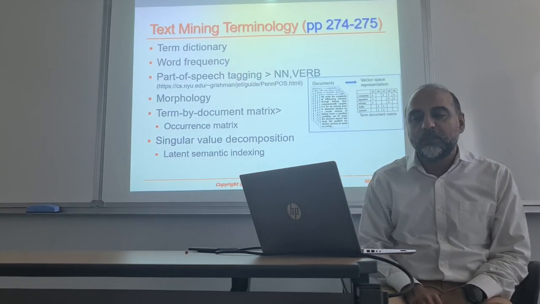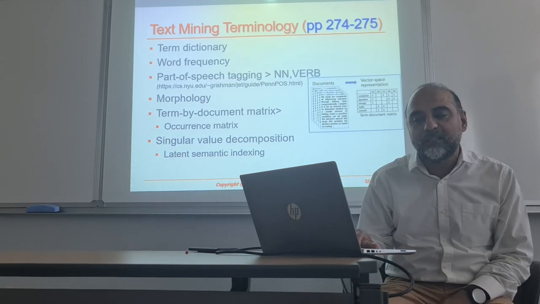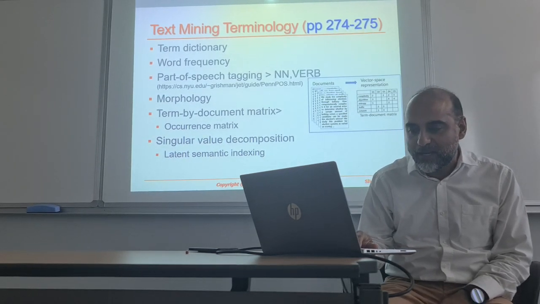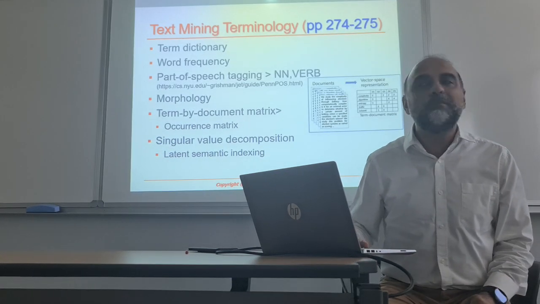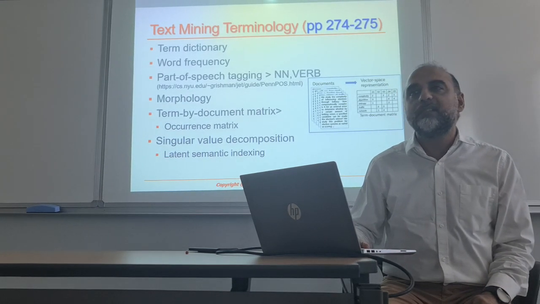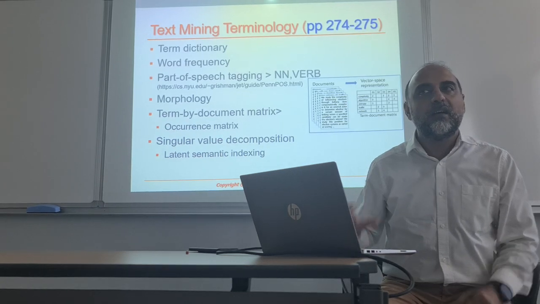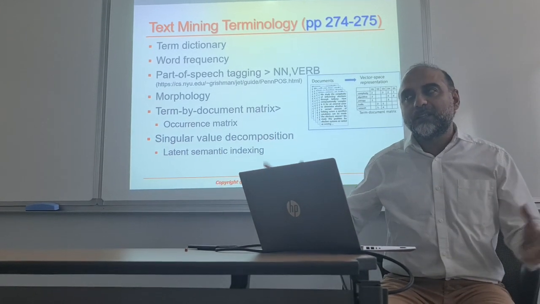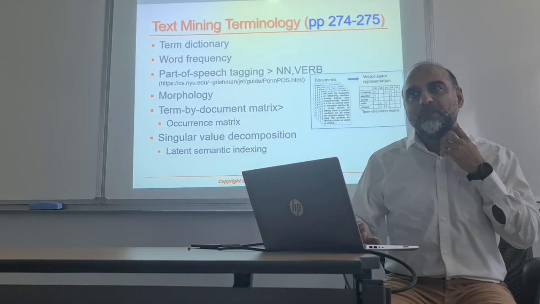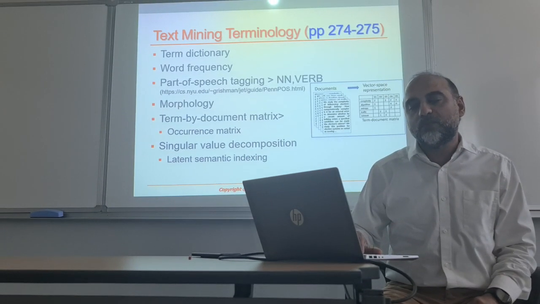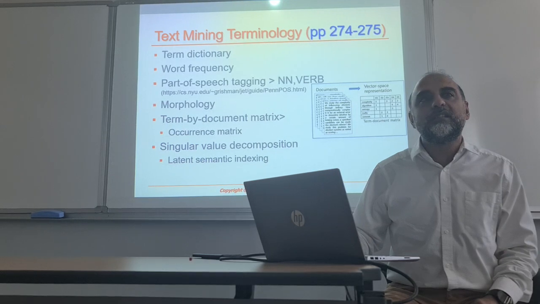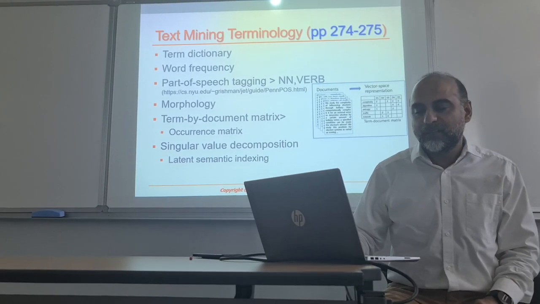So you understand what latent semantic indexing is? It is to summarize the term by document matrix. The term by document matrix gives you structure, a big summary. But this big summary is too big, so you extract a more meaningful, concise summary through latent semantic indexing.